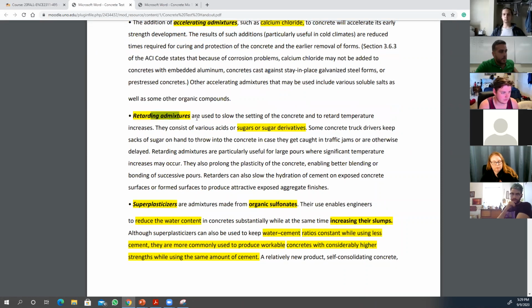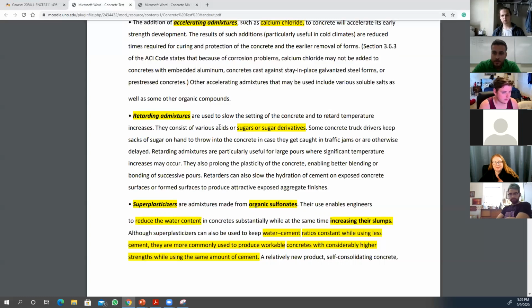Retardant admixtures. They are used to slow the setting of concrete and to retard the temperature increases, such as sugar or sugar derivatives. I believe I mentioned that at the beginning. Sometimes, let's say you are a truck driver this time, you are delivering concrete to a job site in New York, Manhattan. Traffic is bad. So what are you going to do?